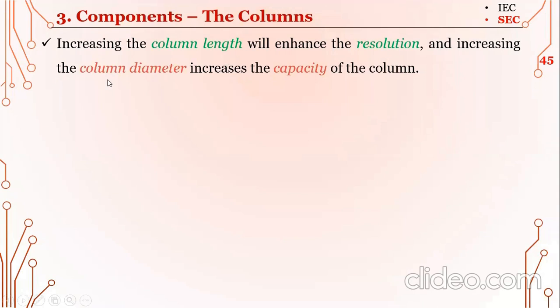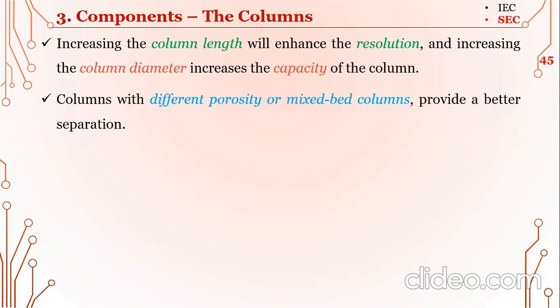Increasing the column diameter increases the capacity of the column. So the more the diameter, the more sample can be used. We need to keep these things in mind, but they also have disadvantages linked with them.